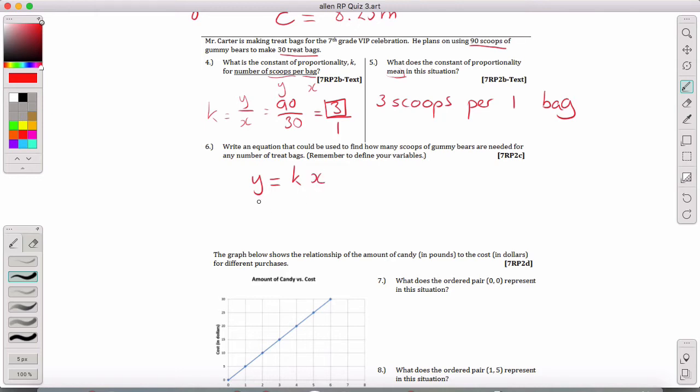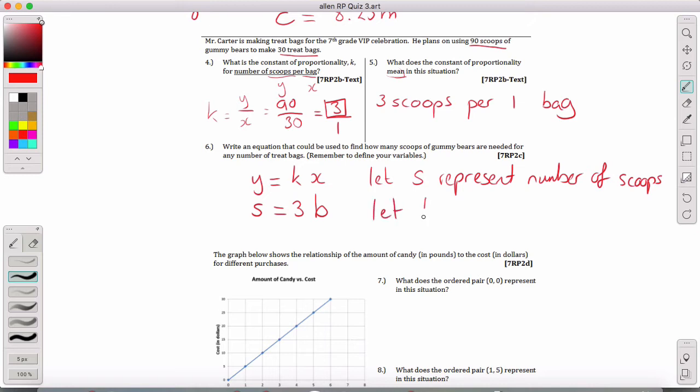Now instead of using the word y, I could use the letter S for scoop, and then I use my k number, which is 3, and I use b for bag, so that makes it clearer, because I will let S represent number of scoops and I will let B represent number of bags.